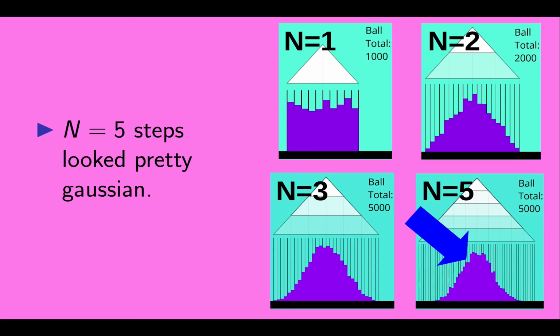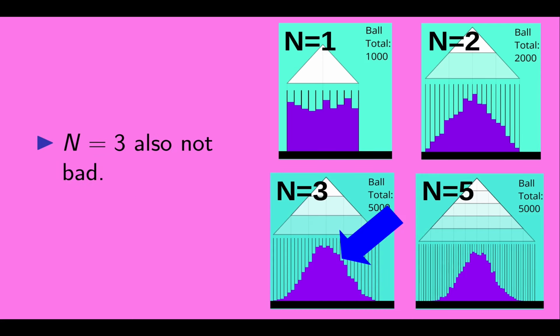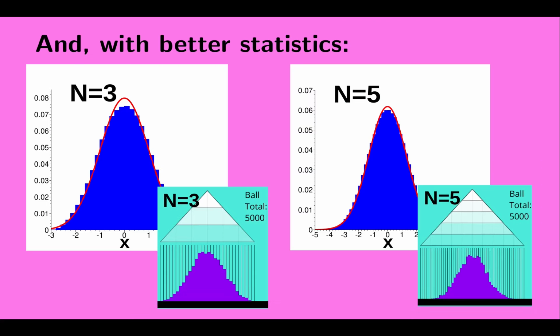The case for n equals 5 steps looks pretty Gaussian. Even the n equals 3 case looks pretty Gaussian within the limits of the statistics of our simulations. Simulations run with much higher statistics can be directly compared with the Gaussian curves shown in red. The similarity is clear.